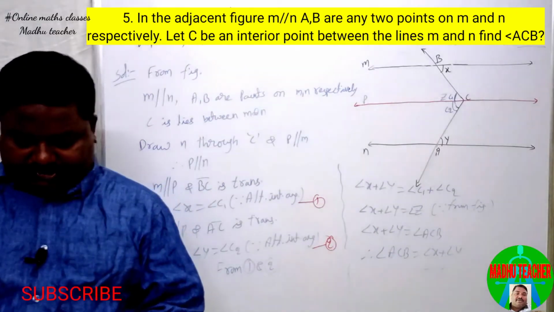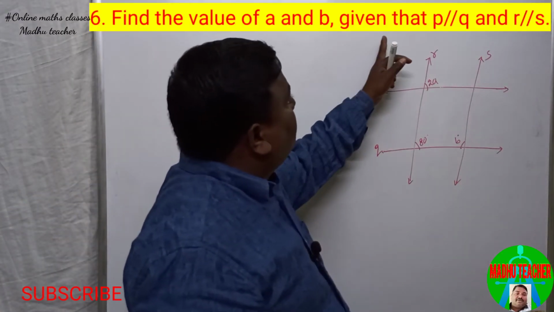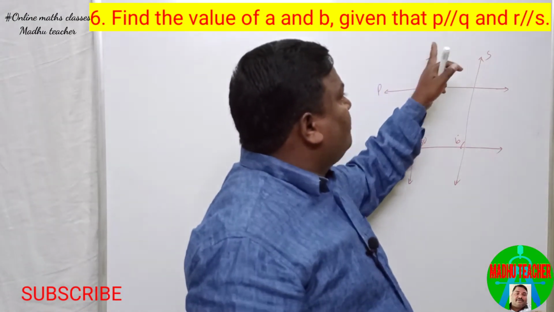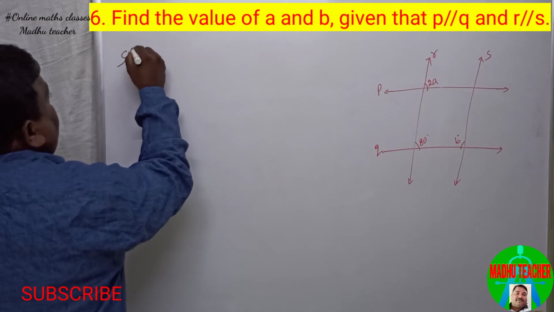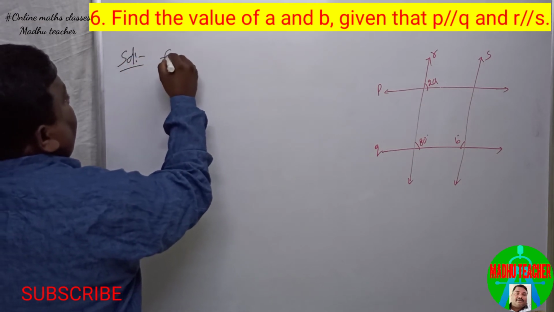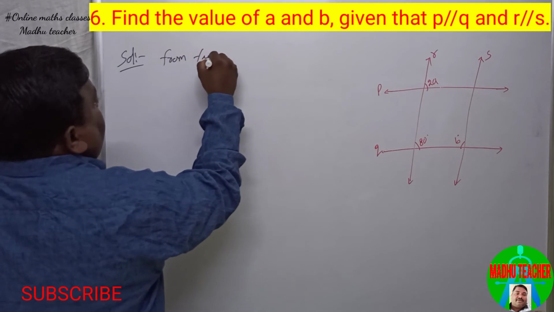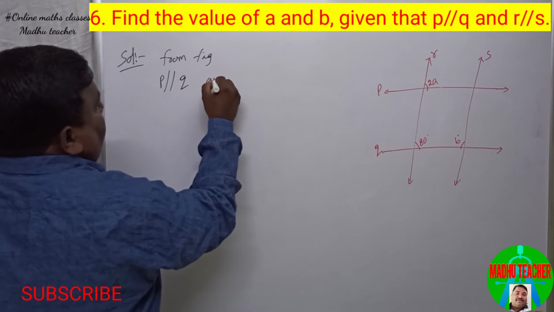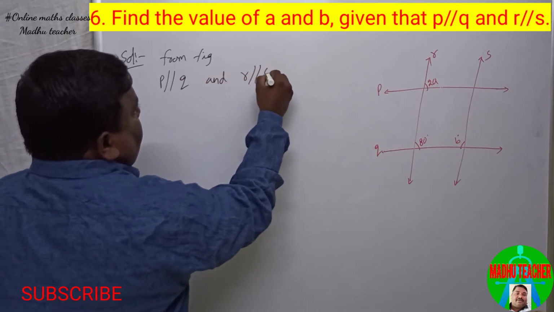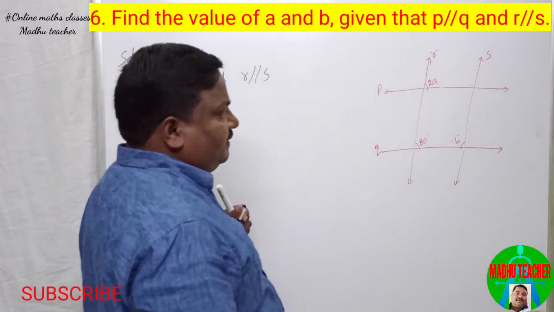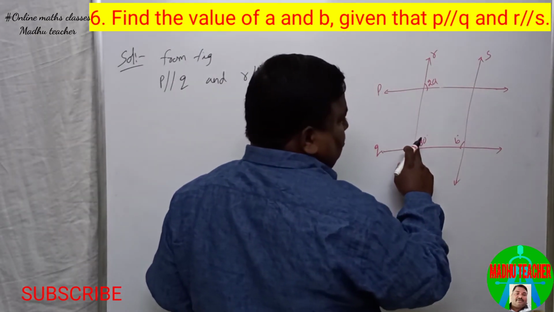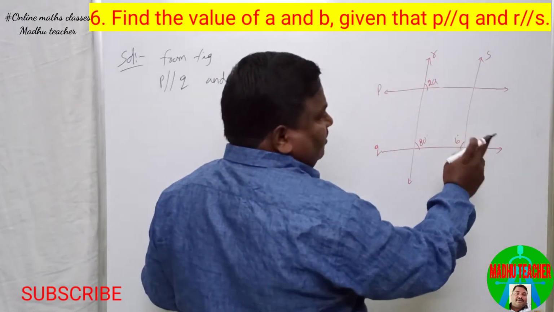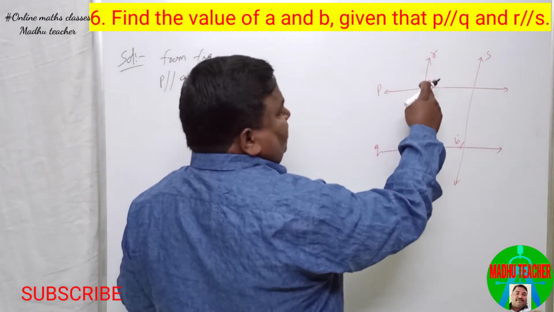So this is the fifth one. Next, the sixth one: find the values of A and B, given that P is parallel to Q and R is parallel to S. From the figure, we have this angle equal to 80, and these are 2A and B. Observe these two angles.